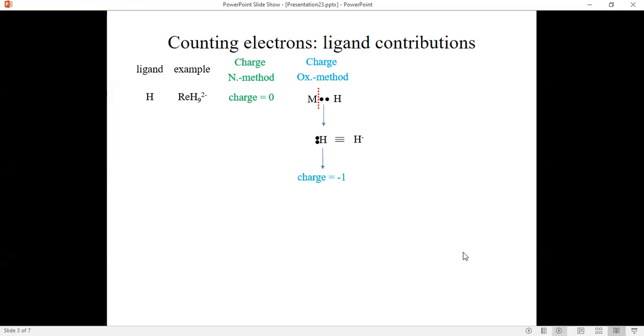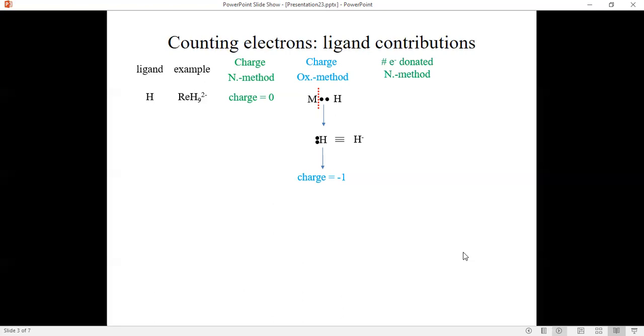All right, so now we have determined the charges. Now let's look at how many electrons this ligand contributes according to the neutral atom method and the oxidation state method, respectively. The number of electrons donated in the neutral atom method is now what?